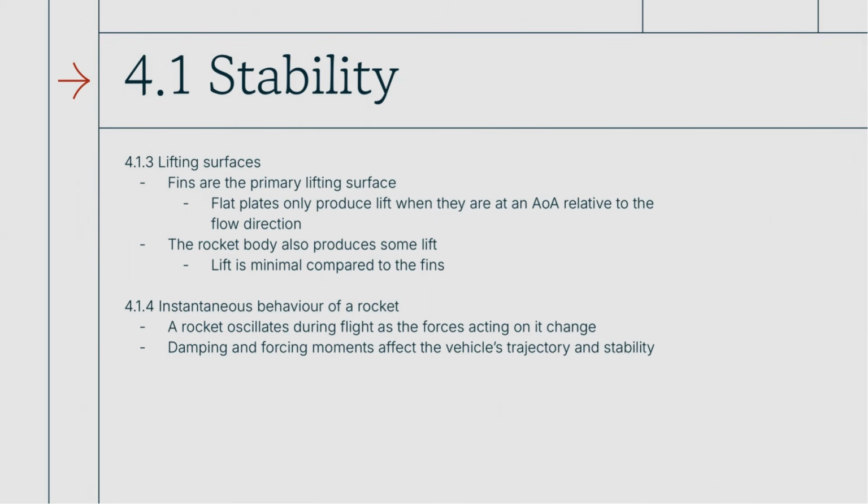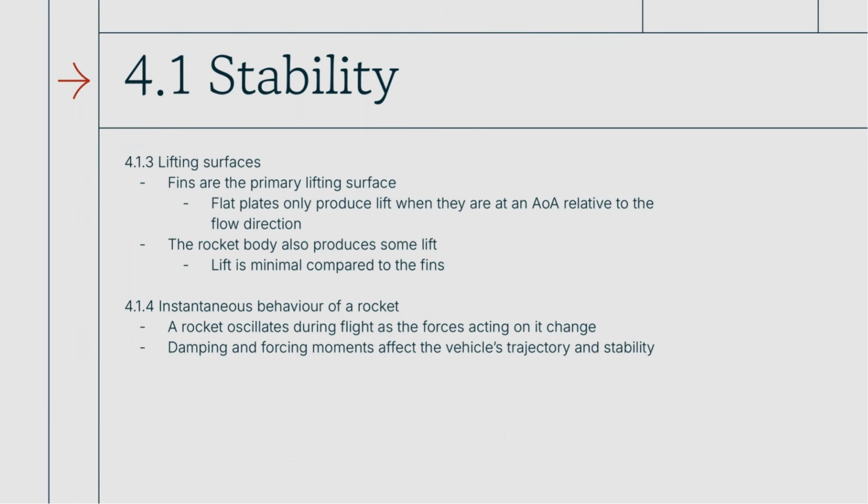So what are some of the lifting surfaces on our vehicle that can cause us to rotate? Well, we have fins. Fins are the primary way we keep the rocket stable because they are big flat plates, and since they are flat plates, they're not producing lift when we're pointed straight, right? When we're pointed in the same direction as the flow, they are just flat plates and not really producing any lift.